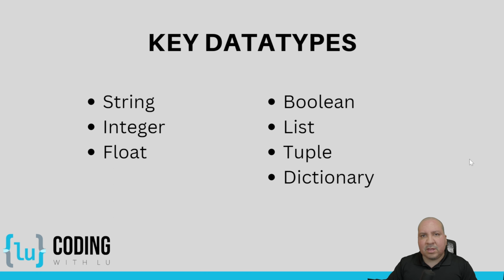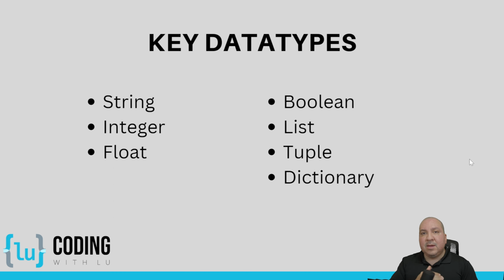But overall, these are very key data types for Python and for other programming languages in general. So, string: think of it as text values. Really, what it is, is characters. A string is a sequence of characters.